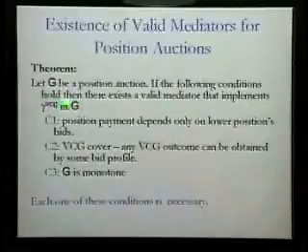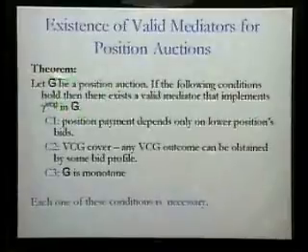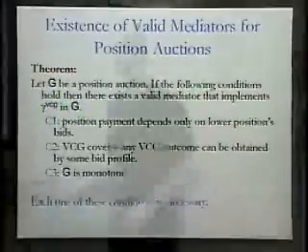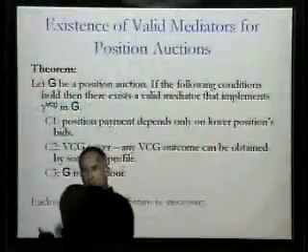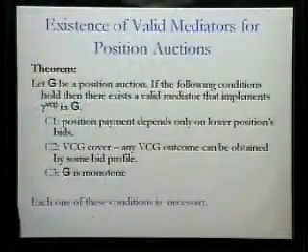If the following conditions hold, then there exists a valid mediator that implements the VCG outcome in G. What does it mean? It means I can build a mediator that everyone will approach, reveal their valuation, and participate in the auction, and all of this will be an ex post equilibrium, and the desired VCG outcome will be implemented.